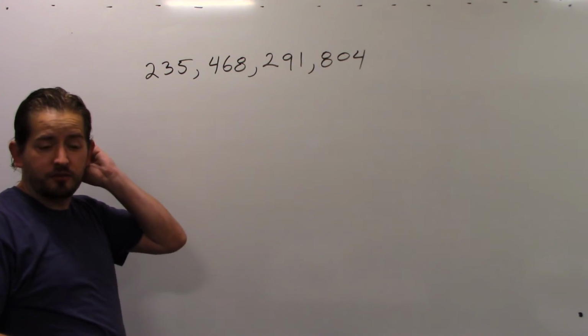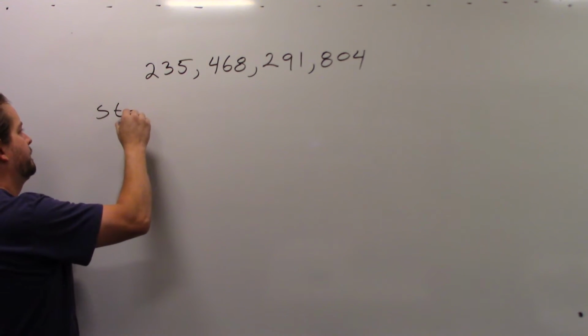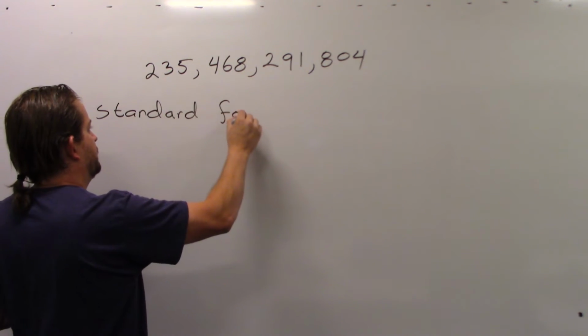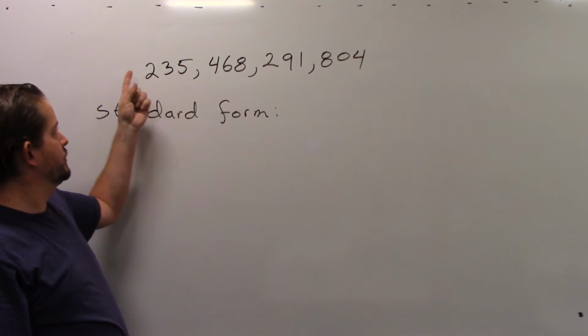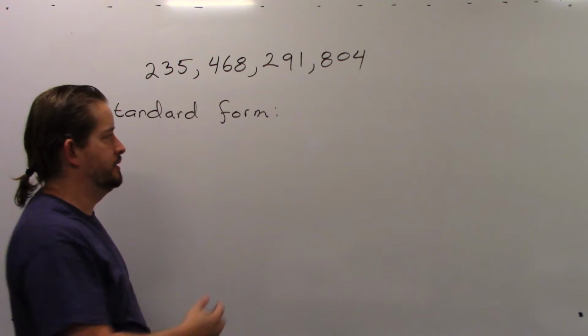This is in standard form. This is what we call standard form of a number. And it's just the digits of the number written out, of course, from greatest value to smallest value, with periods separated by commas.